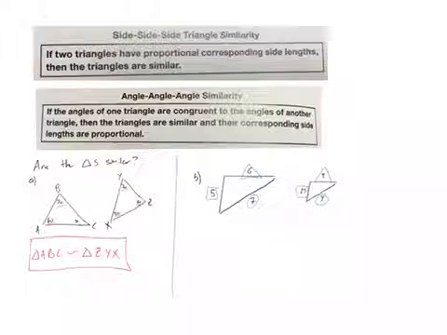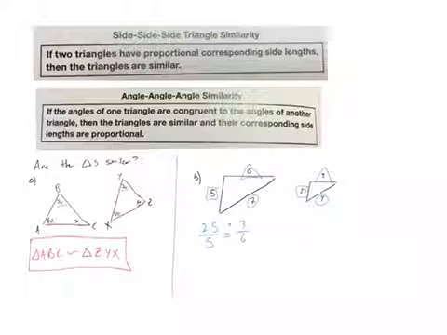We just want to see if all these proportions are the same. Let's start with the shortest side, going with smaller over larger. What I'm wondering is, is 2.5 over 5 the same thing as, let's go with the middle one, 3 over 6?